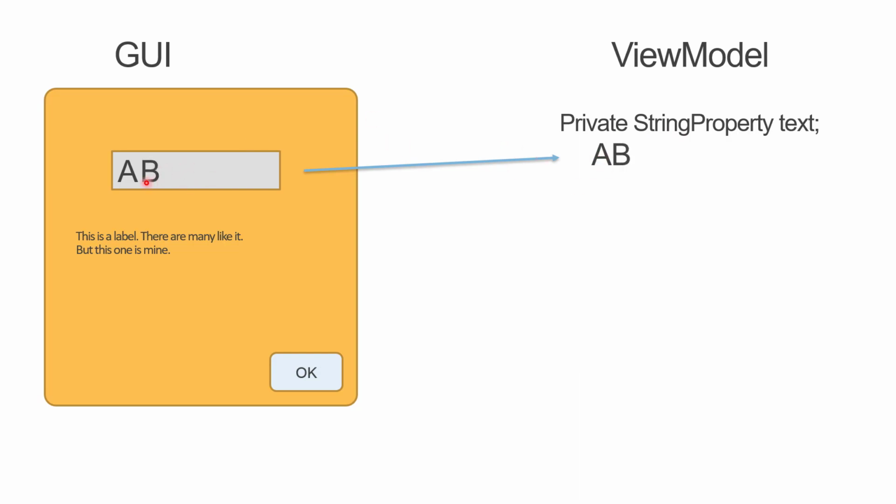If I type in a B, then a B will be added to my string property over here. I type in a C in my text field, and again it's reflected over here, and D again. So because of this data binding between my controller and the view model, if I do something in one place, it is reflected and updated in the other class automatically.